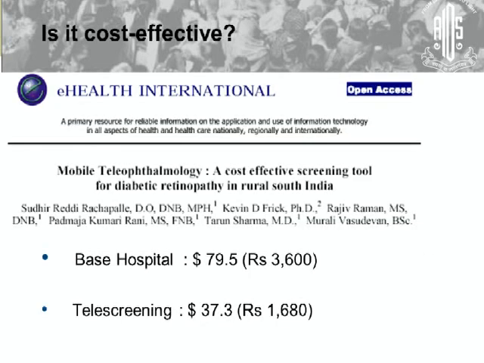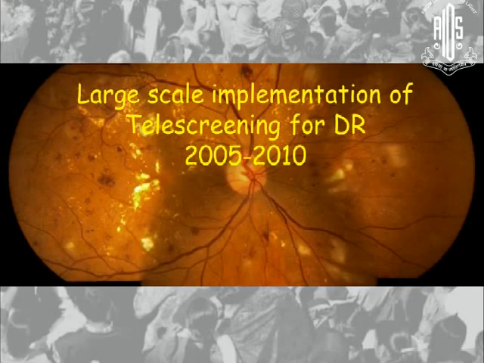We also looked into the costing, how cost effective it is, and we came out with a diabetic retinopathy cost effectiveness analysis, and both prove, as in other Western studies, that screening for diabetic retinopathy is very cost effective by using telescreening.